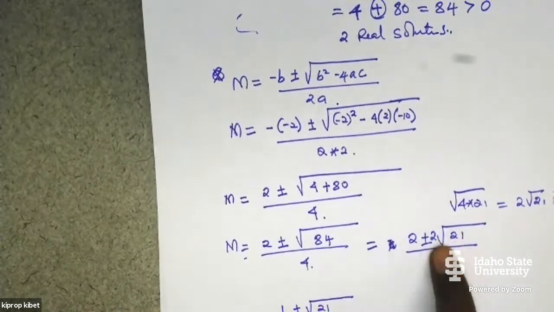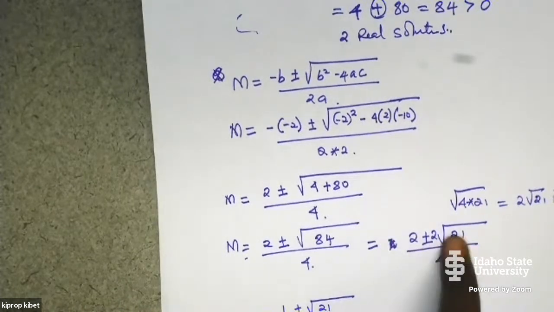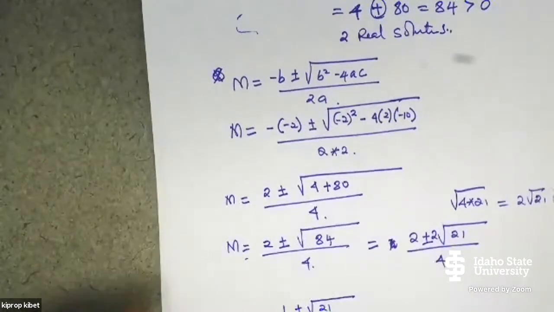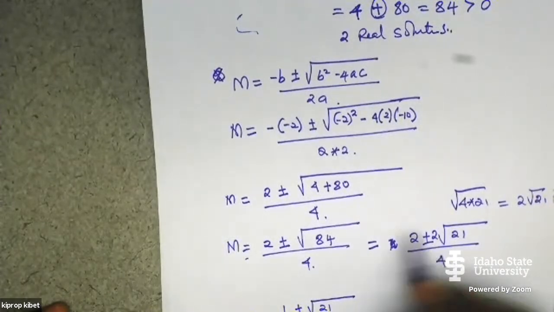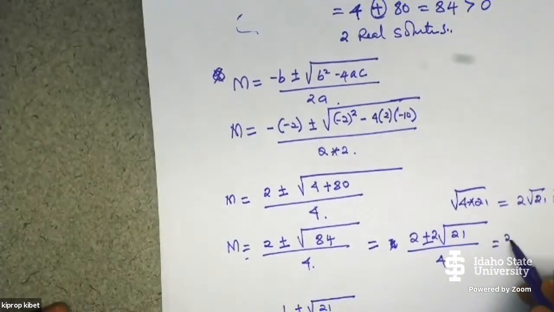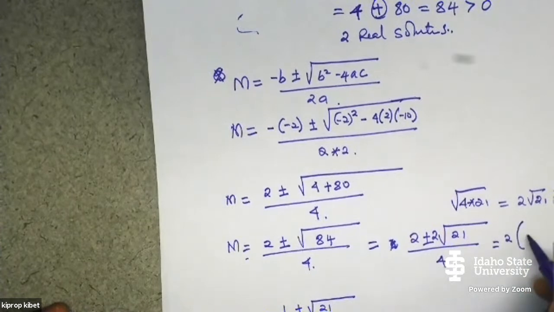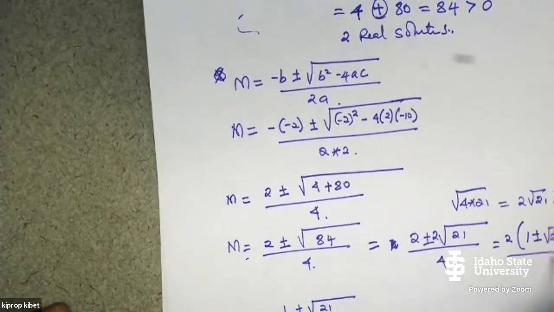So you can actually factor out 2. When you factor out 2 here, it will be 2 times 1 plus or minus the square root of 21, divided by 4. So these 2 and this 4 cancel into 2.